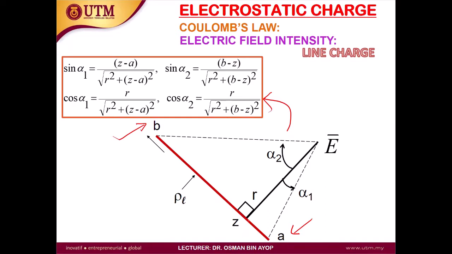Z here is the point where our r is pointing out to the E. That is our point Z. So this is how we define alpha 1, alpha 2 by using a simple trigonometry principle. For example, sine alpha 1 equals Z minus A divided by the square root of R squared plus Z minus A squared. This is just the Pythagorean theorem. I will not discuss more about this.